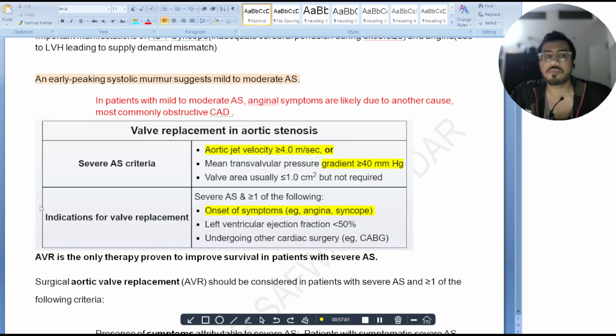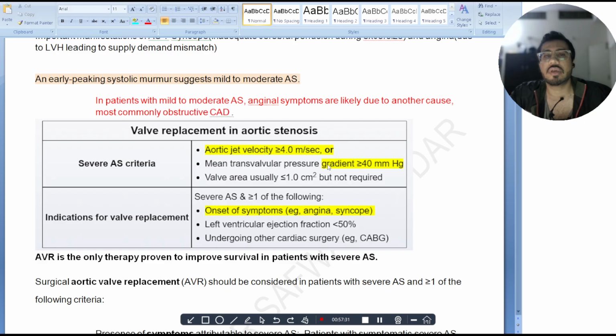Indications for valve replacement, yeah, you can decipher them, that's sure, and I'm gonna explain how you can do that. But when it comes to the criteria for severe AS, you need to memorize that the transvalvular gradient would be greater than 40, and one way to memorize is that you get a 4.0 and then you remove the 0, you get 40. So aortic jet velocity 4, in all of these three you'll get equal to or greater than, or equal to or less than.